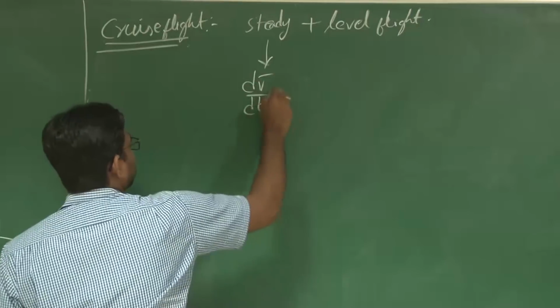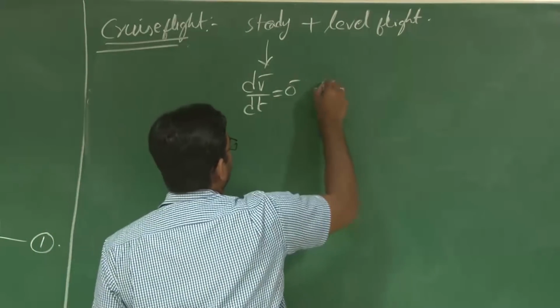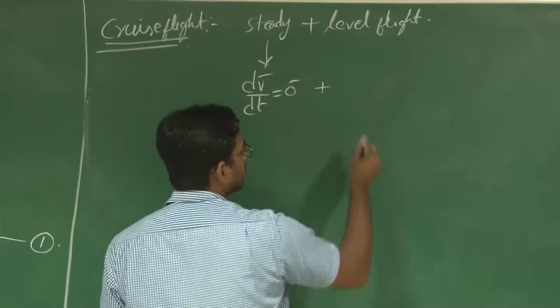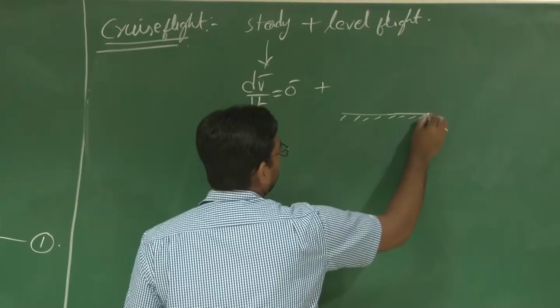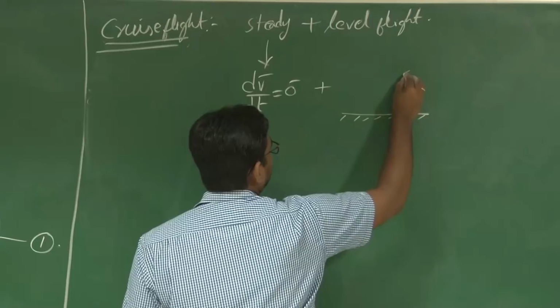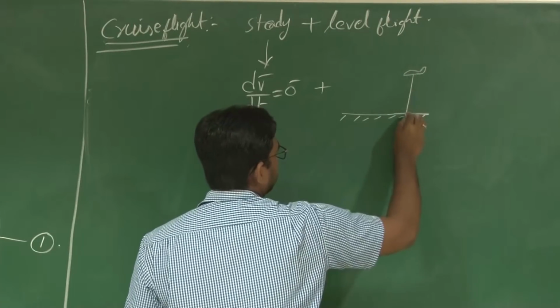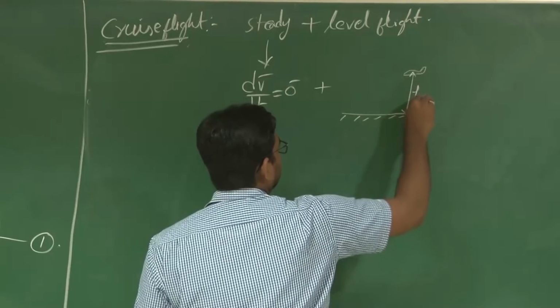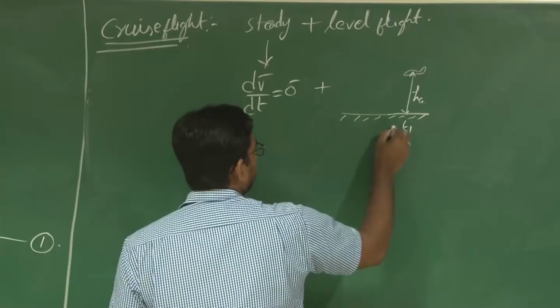The constant velocity flight, right, and level flight. So earlier we discussed what is level flight. Consider this is your ground, say this is your UAV flying at a geometric altitude of hg at time t1.